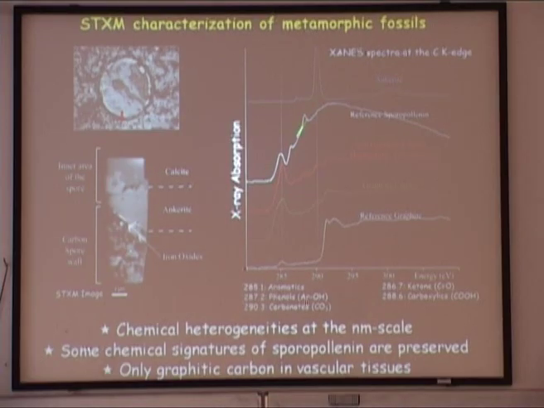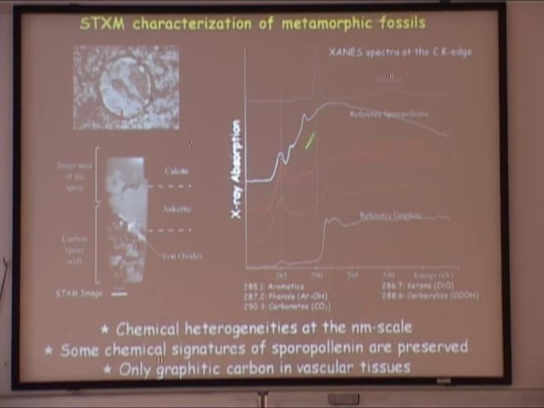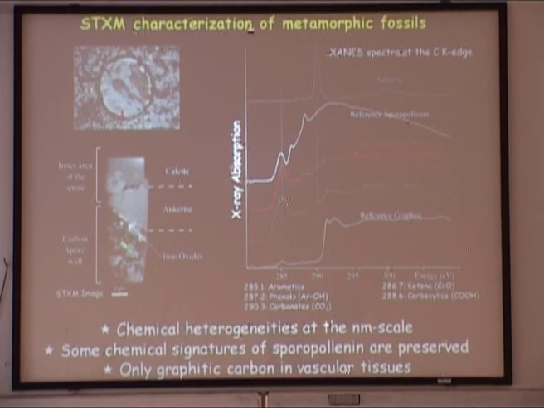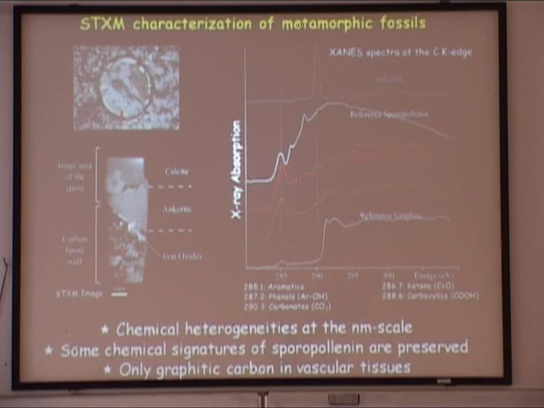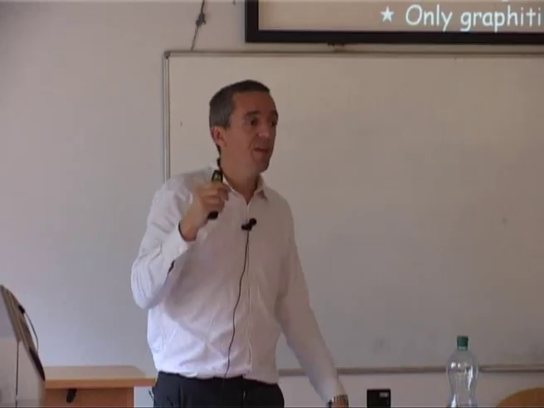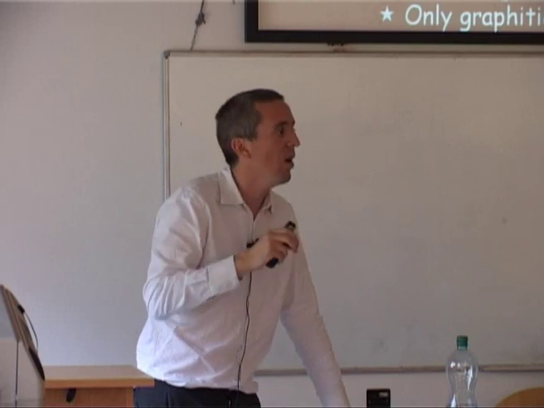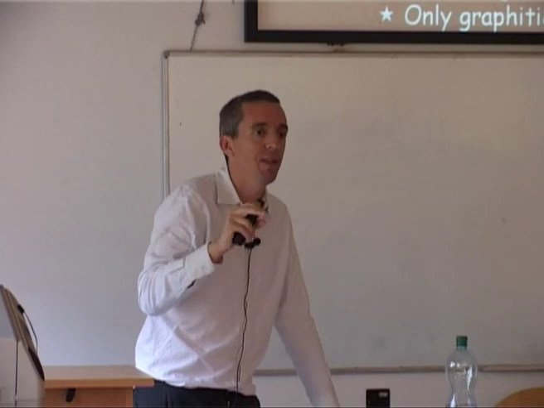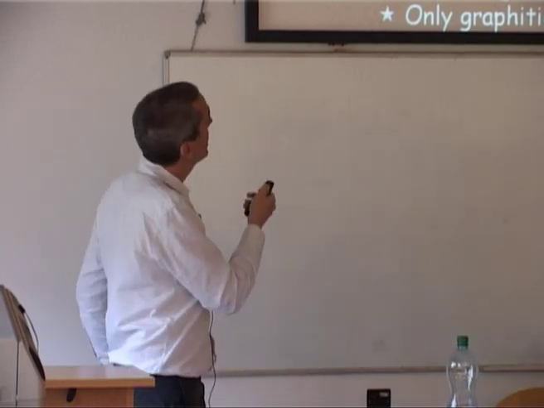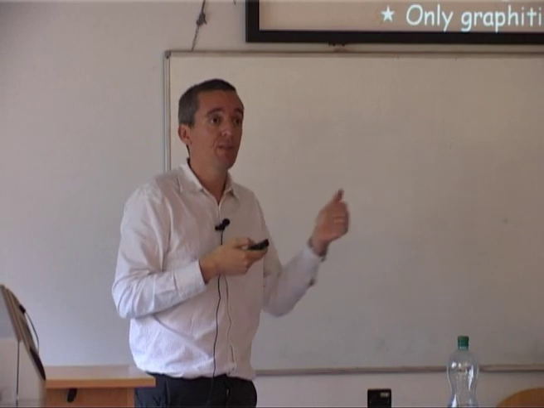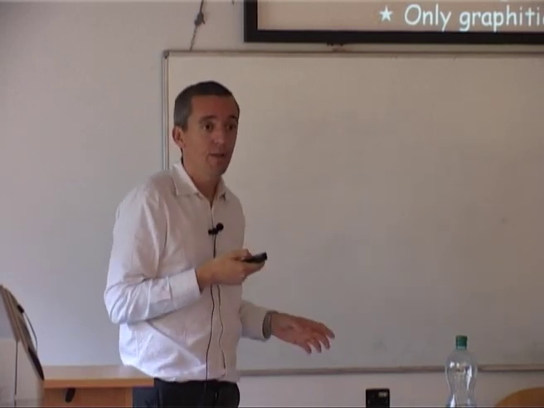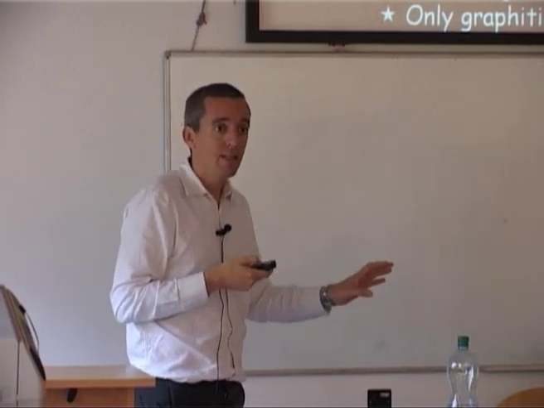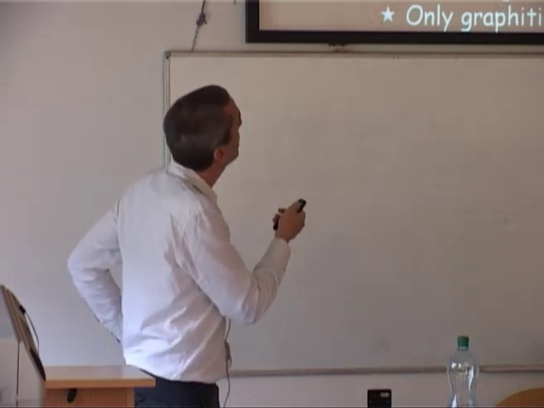So some of these functional groups were transformed, but eventually we find some remnants of these functional groups in the metamorphic samples. That means that sporopollenin is a very, very resistant molecule. It's one of the most resistant organic polymers that we know. And here it experienced 360 degrees, 14 kilobars, and it's still preserved. Some of the functional groups are preserved.